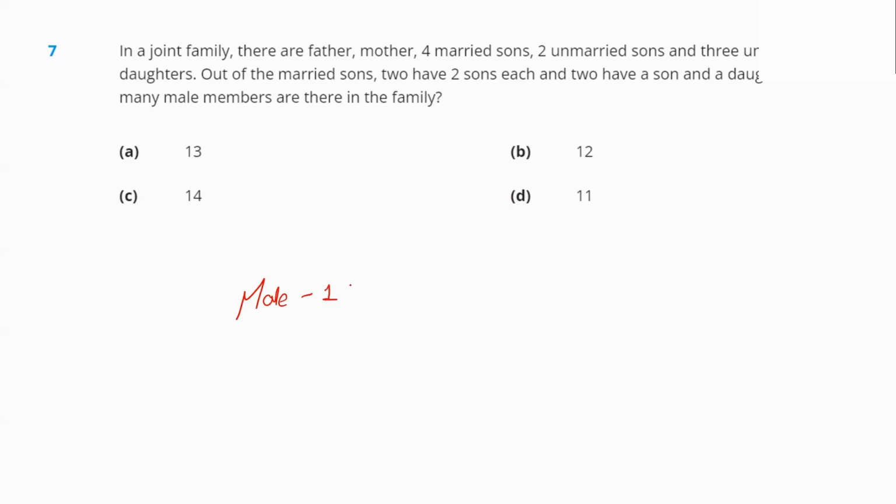Firstly, a father, then 4 married sons, then 3 unmarried sons, and out of the married sons, 2 have 2 sons each, so 2 plus 2, and 2 have 1 son and 1 daughter, so plus 1, plus 1. So we'll get a total of 13. So our answer A is the correct answer.